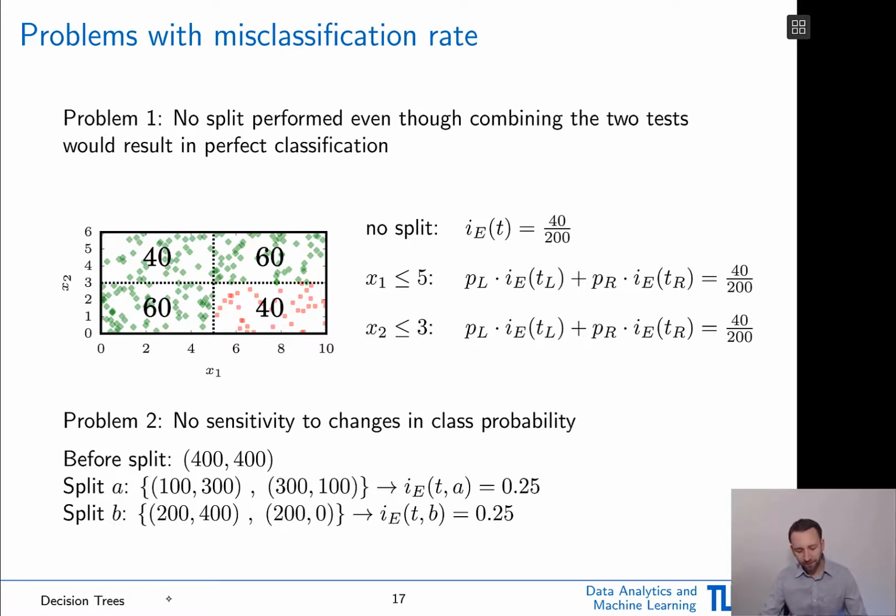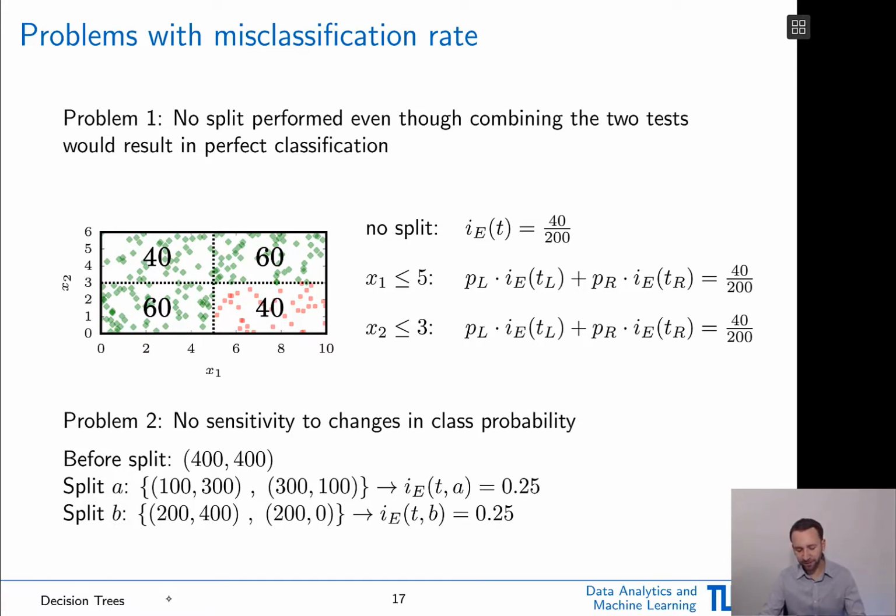So the first one is that this misclassification rate might be 0 or might not show any improvement, even though we get somehow like a better result, we get a more clear decision. Here's a simple example. So let's say we have this data set and we see that 40 out of 200 would be misclassified, right? So the misclassification error would be 40 divided by 200 because the majority vote here would be green. So all the red ones would be misclassified.